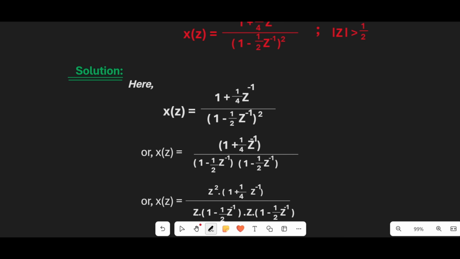X of z equal to (1 plus 1 by 4 into z inverse) divided by (1 minus half into z inverse) whole square.